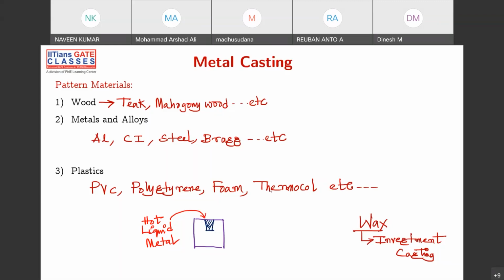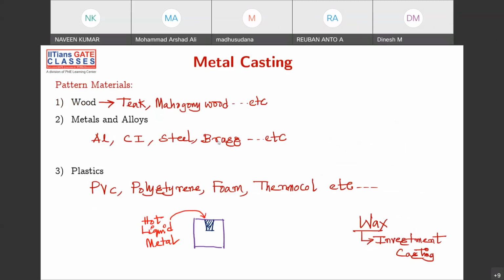That is the case with thermocol, foam and so on. Sometimes you can use wax as a pattern material, which is used in investment casting. We'll discuss investment casting in the miscellaneous casting techniques.